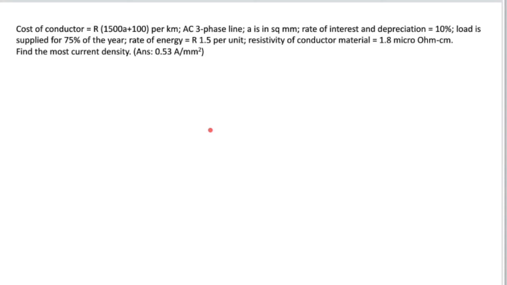That's the equation, and that is going to be equated with 158 times 0.1. And then you find I over A.